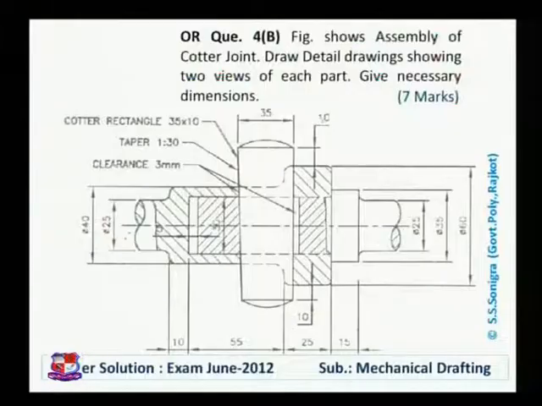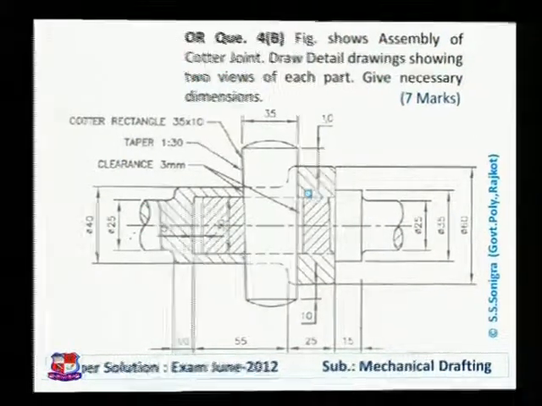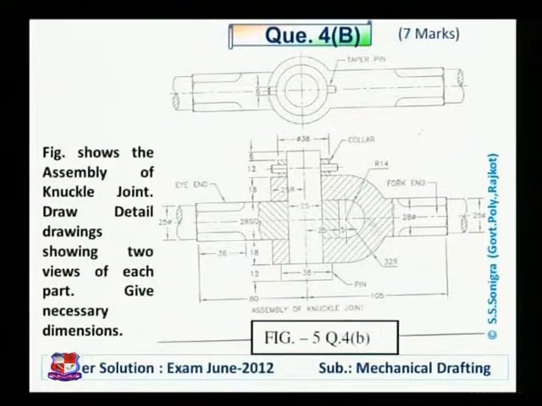So we have drawn the eye end. Now draw the second component, that is the eye end. In the diagram you can see here we have drawn this one, this U-shaped fork end. Now we think about this eye end, single eye, this end. How to draw this single eye end?